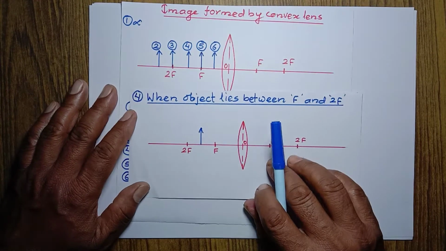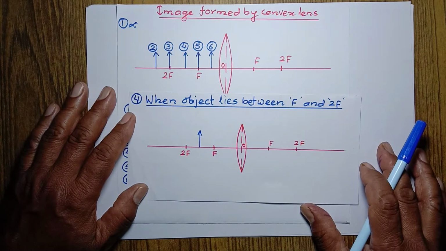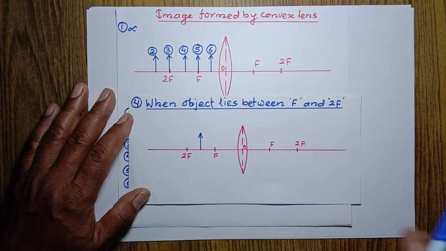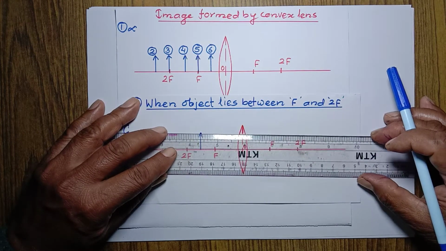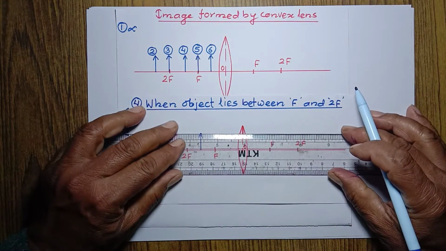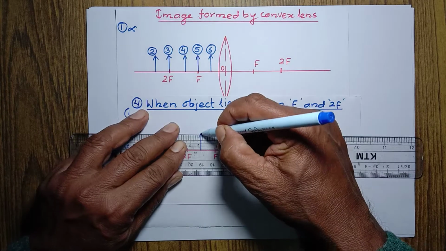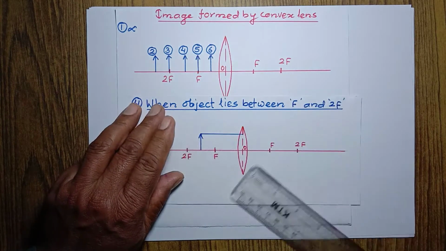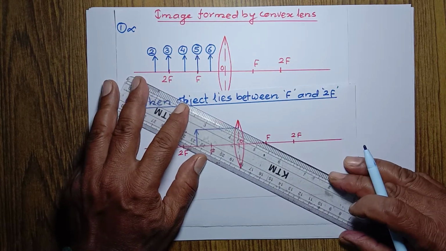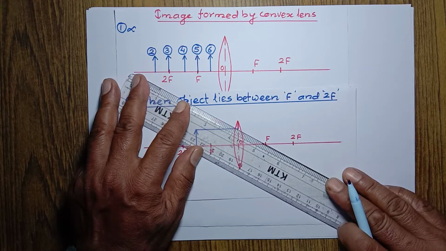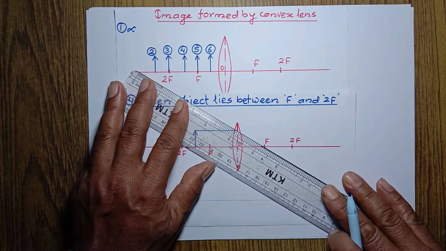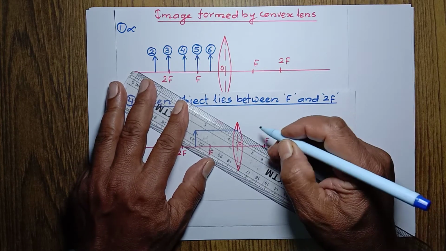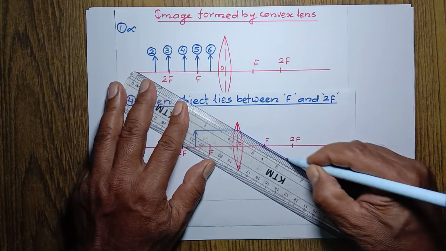Now let's talk about the fourth one. When the object lies between focus and 2F. This is the object. Now we are using the same two rules that I told you just before this diagram. This is one ray of light coming parallel to the principal axis. We have to pass it through focus. It passes through focus according to the rule.